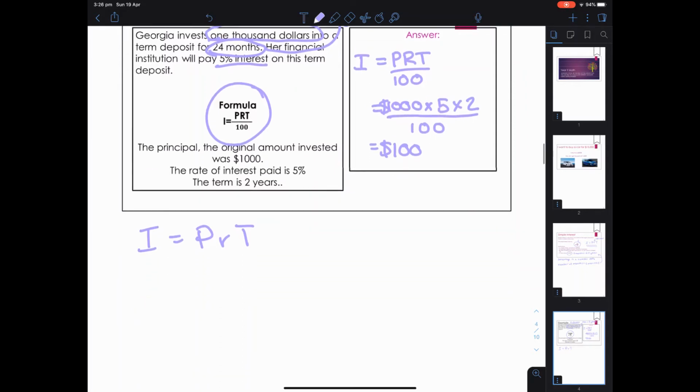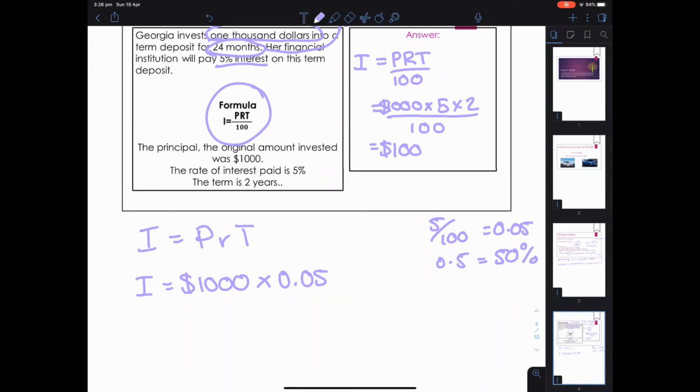All right, if I use my other rule where I want to use a decimal here instead of a percentage, then we're going to go I equals our $1,000 times 0.05, because 5 divided by 100 is 0.05. Note that 0.5 is actually 50%.